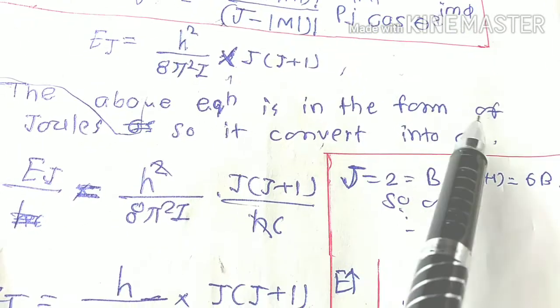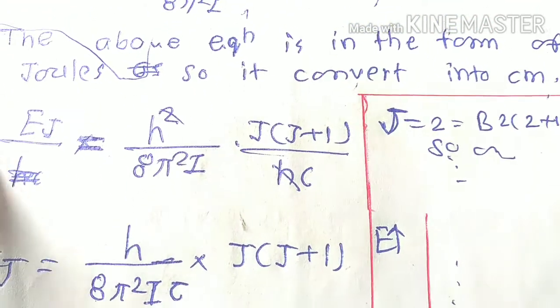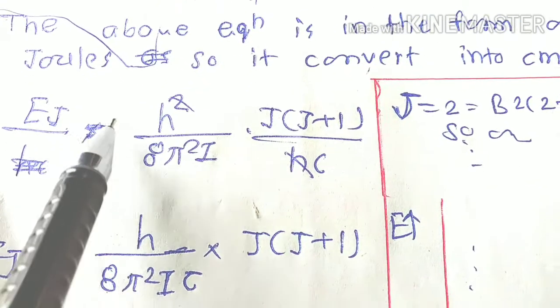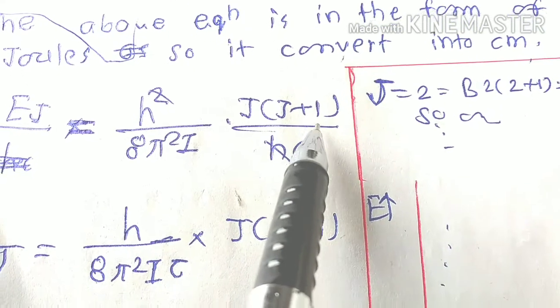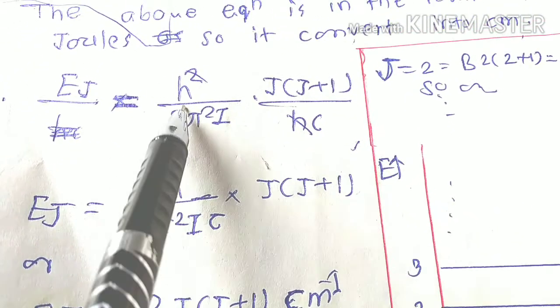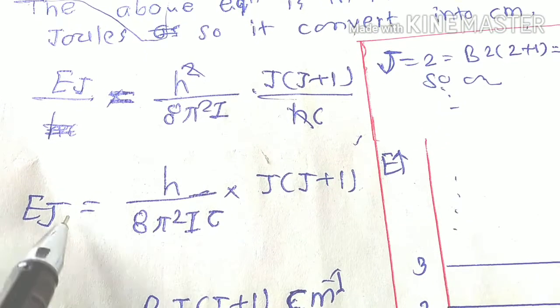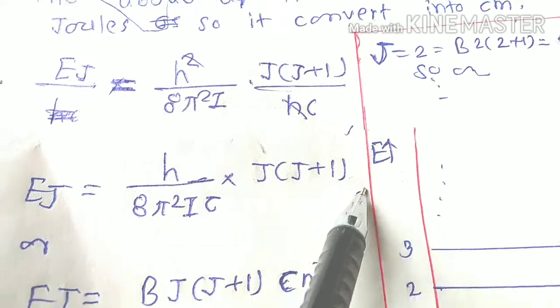The above equation is in the form of joules, so we convert it into centimeters. So we get Ej equals to h square by 8 pi square I into j into j plus 1 by sc. Here h square and h get cancelled, so Ej equals to h by 8 pi square I into c into j into j plus 1.